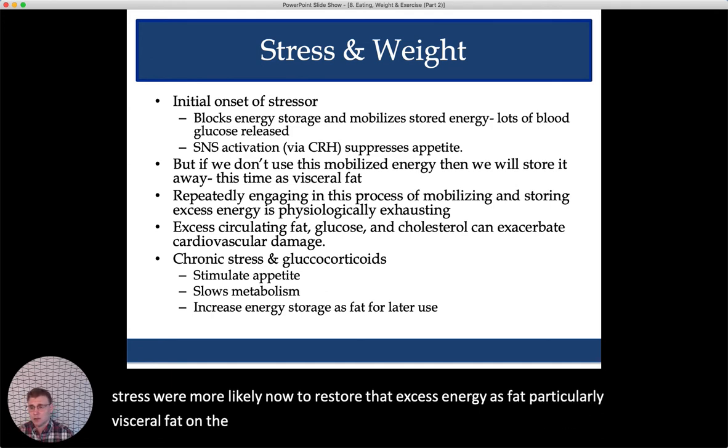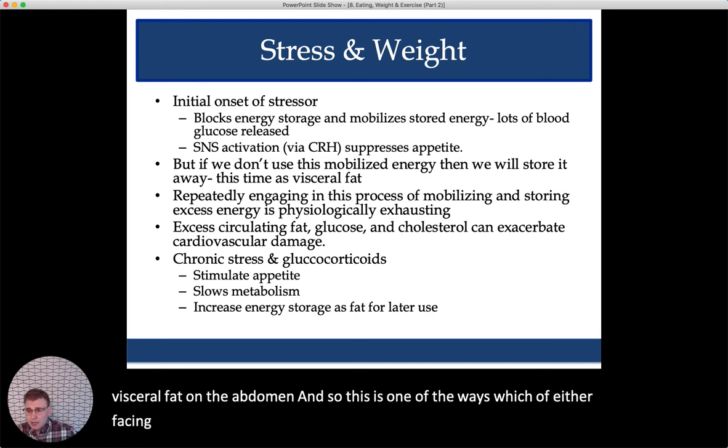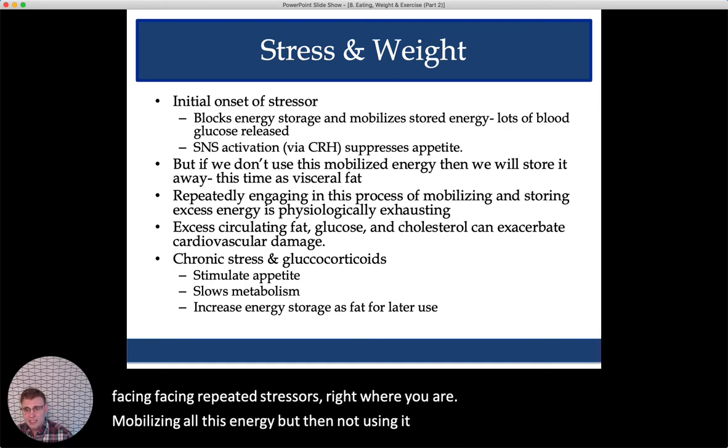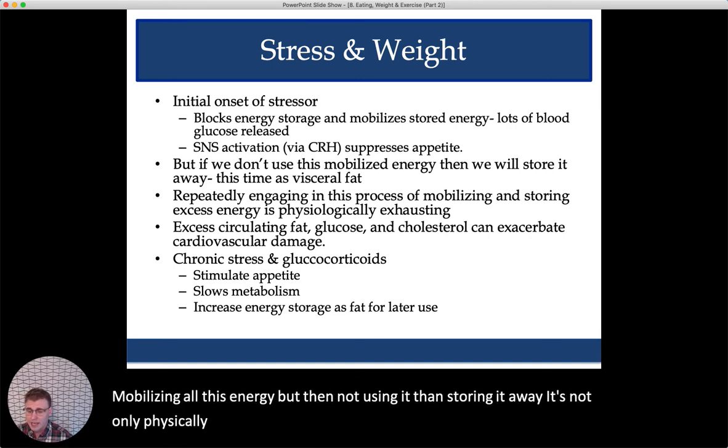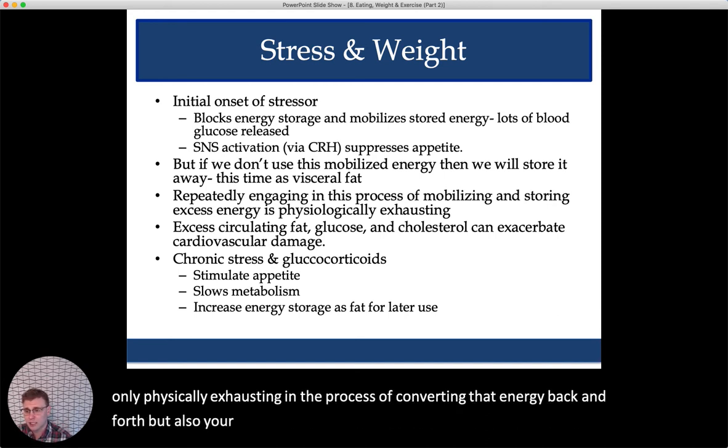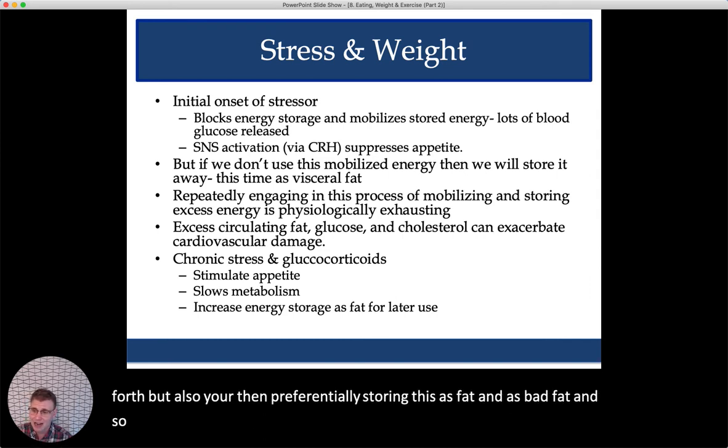And so this is one of the ways in which facing repeated stressors, right, where you're mobilizing all this energy but then not using it, then storing it away, is not only physically exhausting in the process of converting that energy back and forth, but also you're then preferentially storing this as fat and as bad fat.